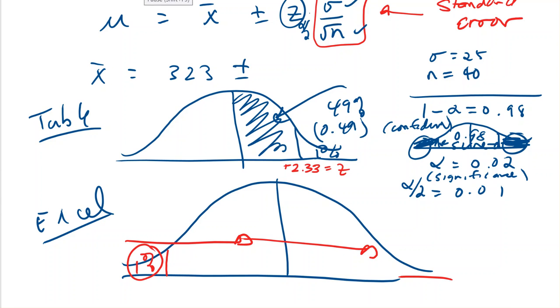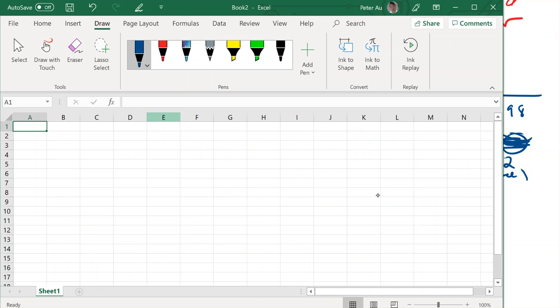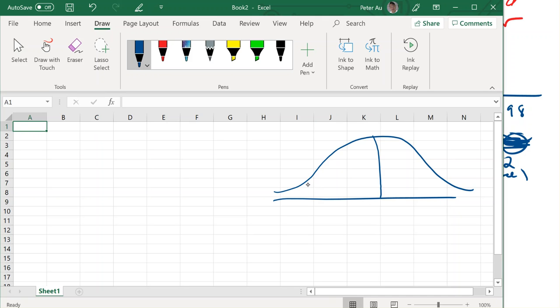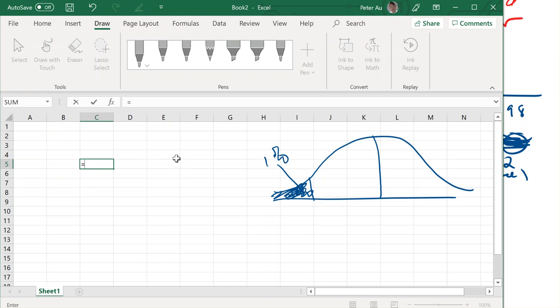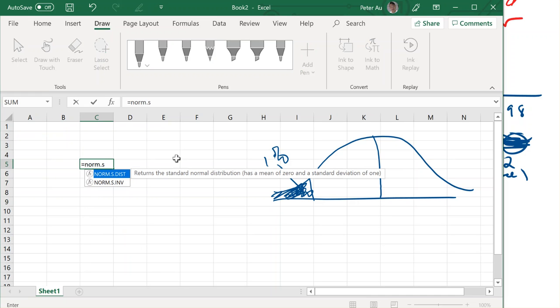If you use Excel, I can get the same number. Let's do that. If I'm going to use Excel, you get this amount here, the 1%, which is done differently from the table, obviously. Equals NORM.S.INV, for standardized, inverse. So I'm looking for the Z-score, not the area.